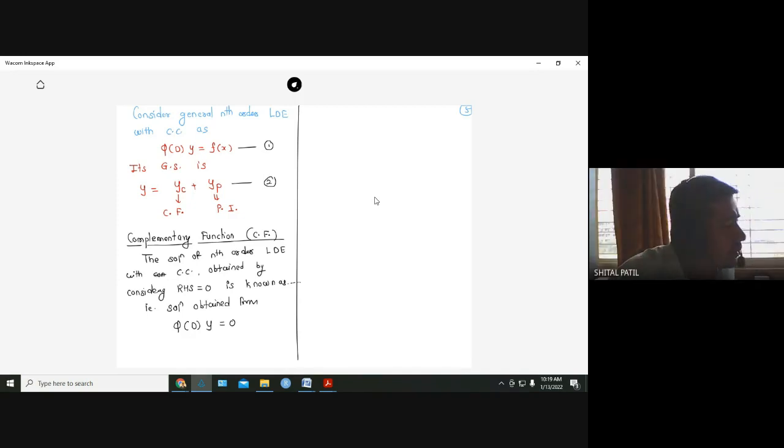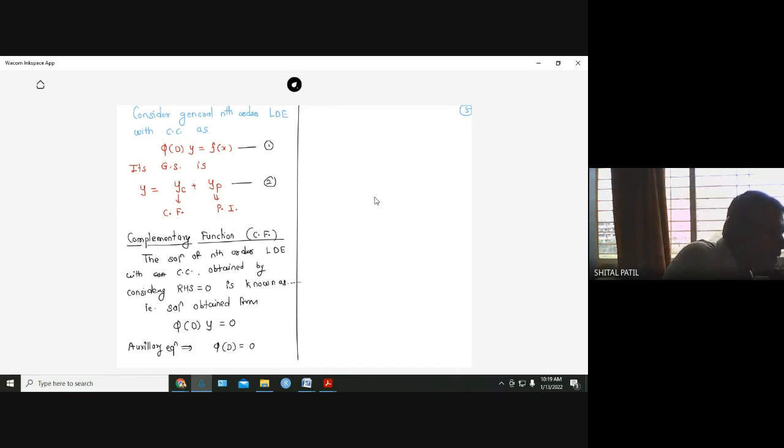So write down, below this, the auxiliary equation. Phi of D equal to 0 is known as the auxiliary equation. If we leave out the y and phi of D is remaining, that is known as the auxiliary equation. Now write down next. I will not derive the formulas.